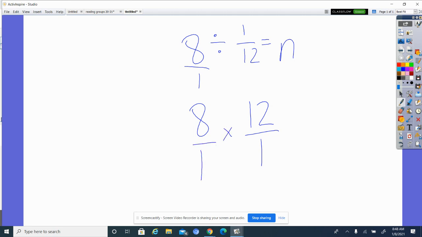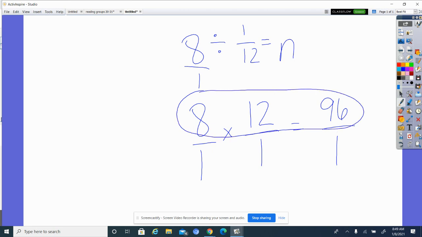Now I can put that there if I need to see it. Okay? 8 times 12 equals? 96. 1 times 1 equals? 1. So what is the related multiplication equation? 8 times 12 equals 96.